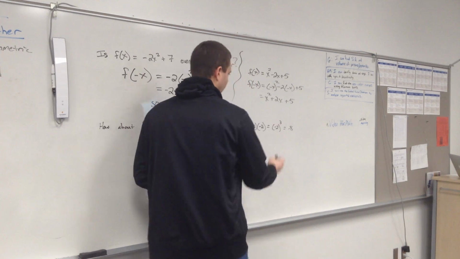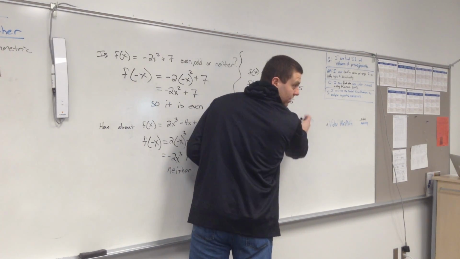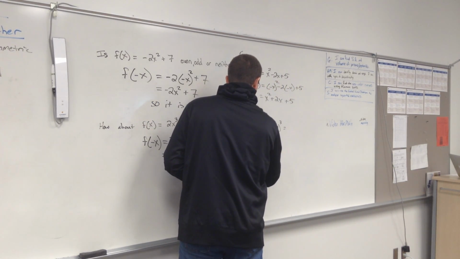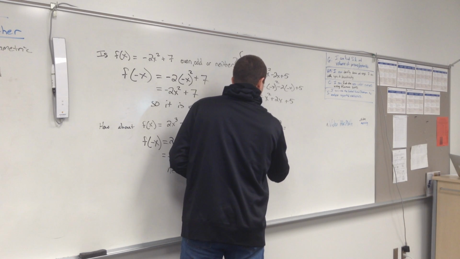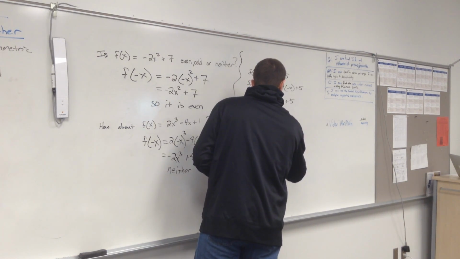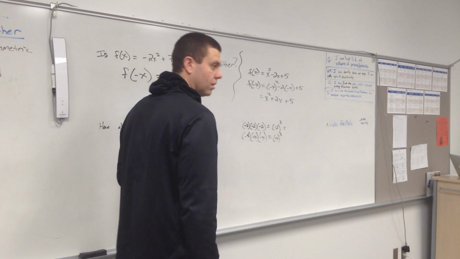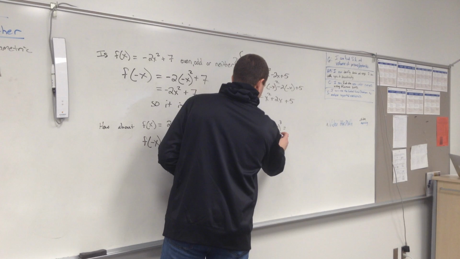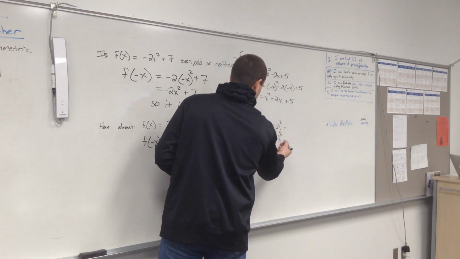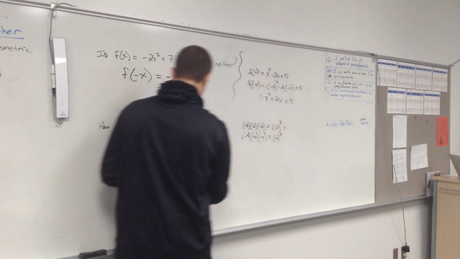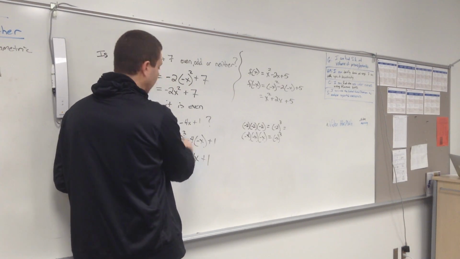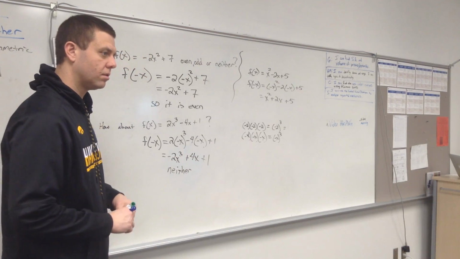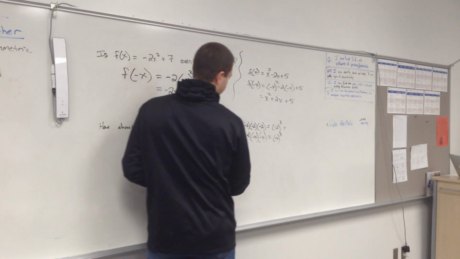Okay? But we don't know what x is, so we can't actually simplify it, right? So when I take a negative x times a negative x times a negative x, I get a negative x cubed. Okay? Which then I'm taking 2 times that, and 2 times a negative number would be a negative 2x cubed. Alright?